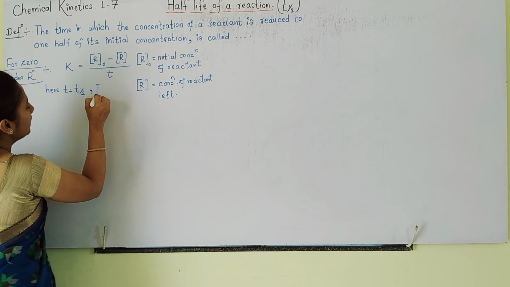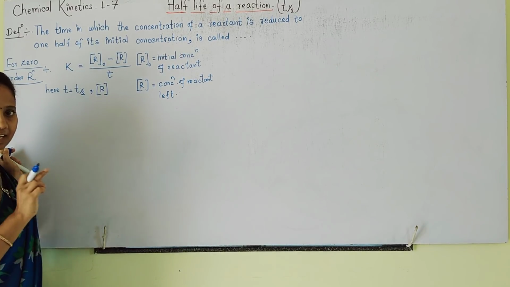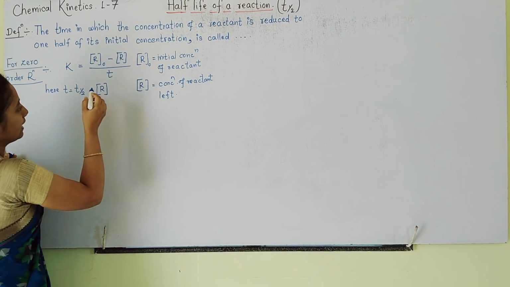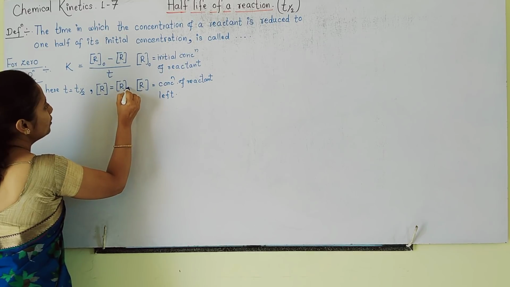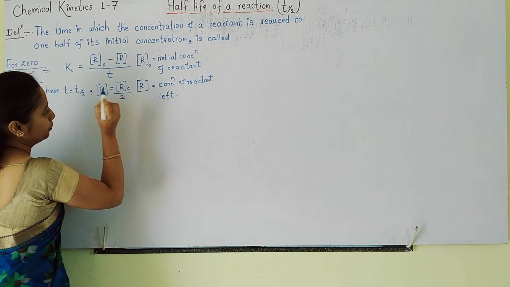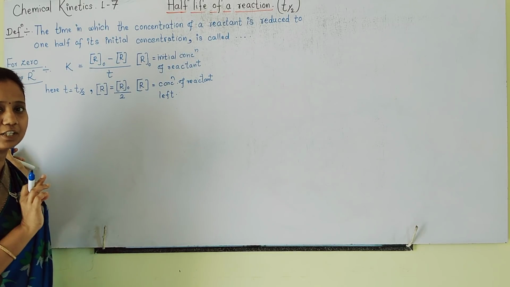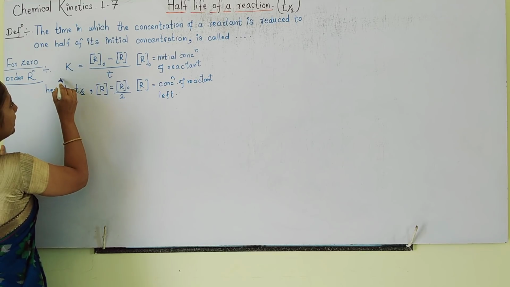And final concentration, whatever is left, the amount of reactant left will be half of initial concentration. So R naught by 2. R is always half of initial concentration, so I am writing R naught by 2. These two things you should remember.